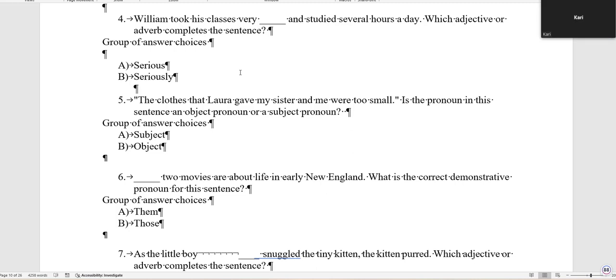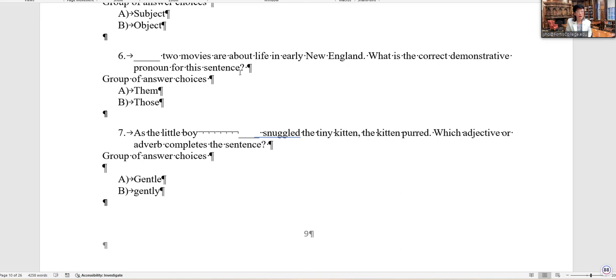B, those two movies. As the little boy blank snuggled the tiny kitten, the kitten purred. Is it gentle or gently? Gently.